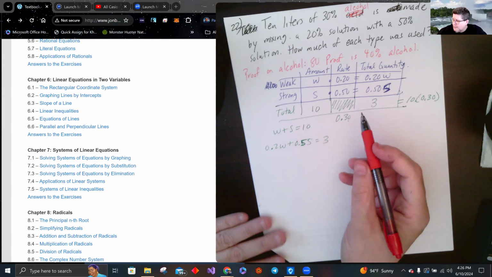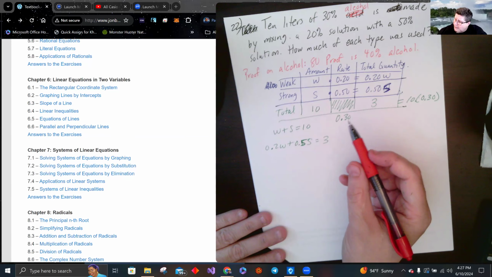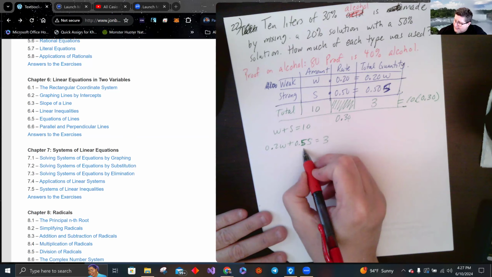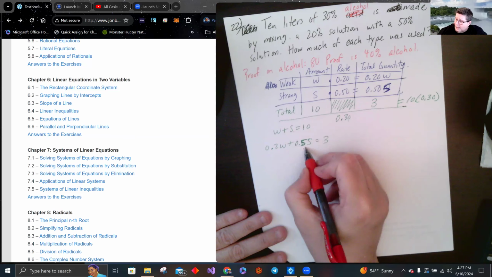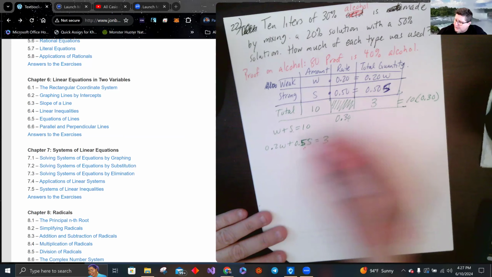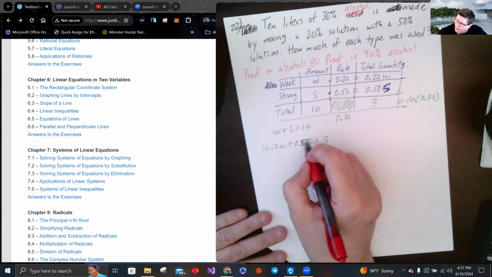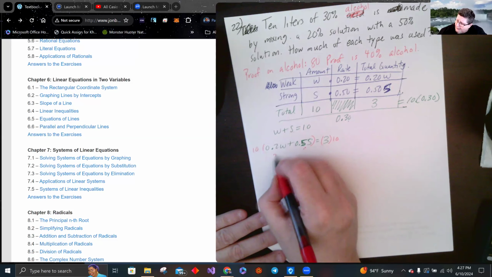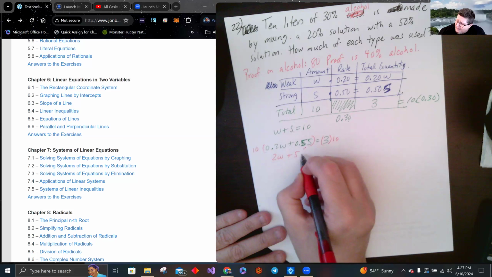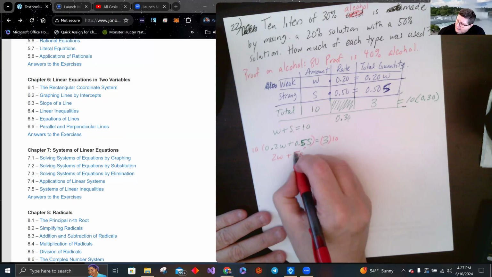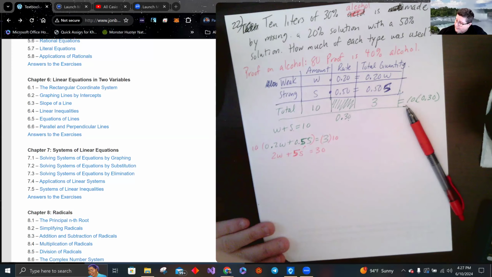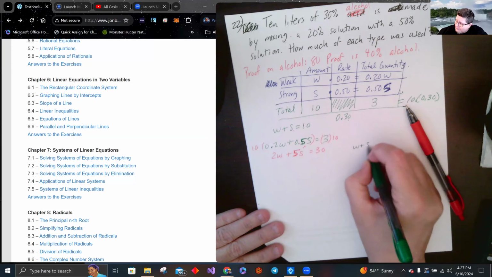I can do an elimination method here pretty quick if I'm willing to work with decimals. This one's twice as much. Actually, let's just clear decimals first. When you have one decimal place, multiplying by 10 clears decimals. And I will get 2W plus 5S equals 30, and W plus S equals 10.